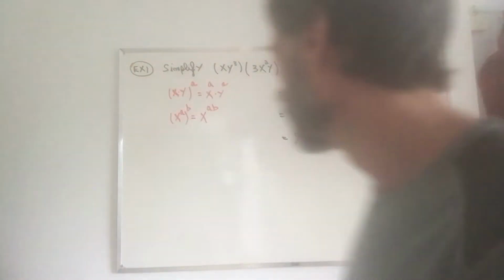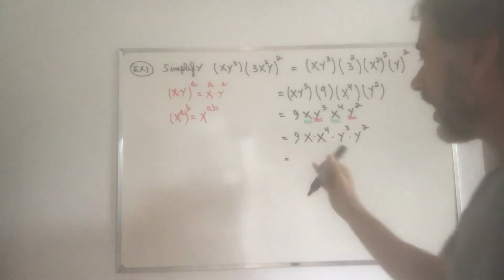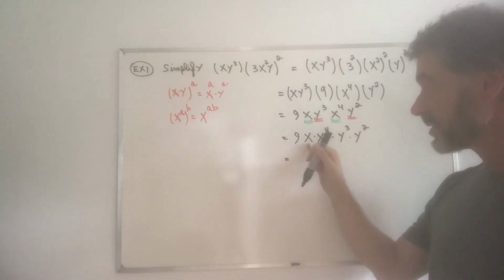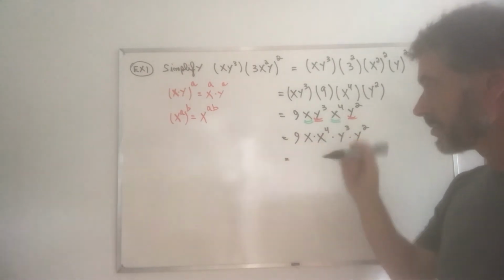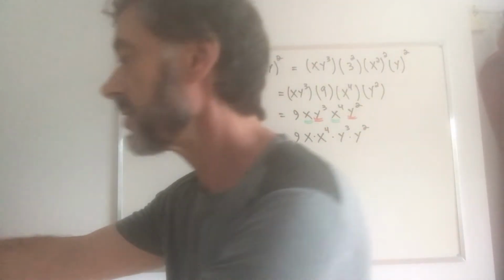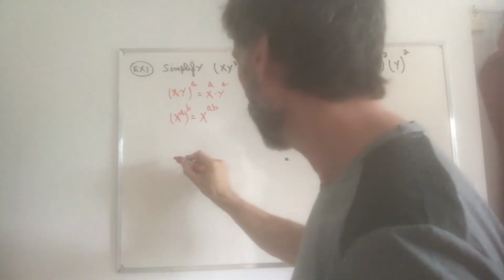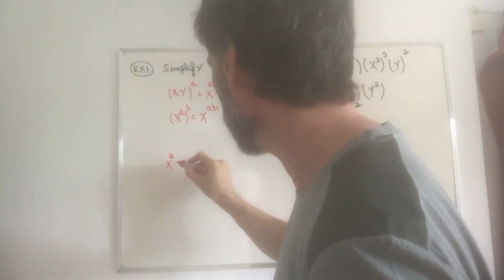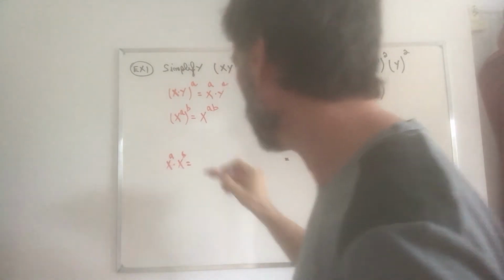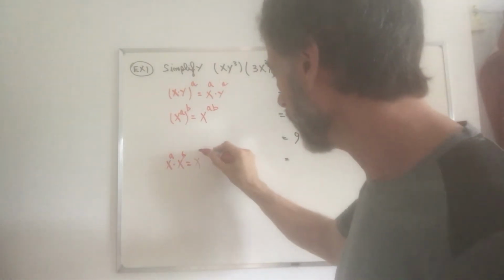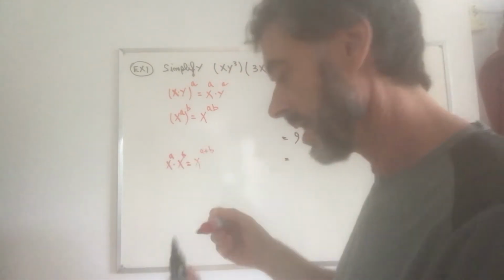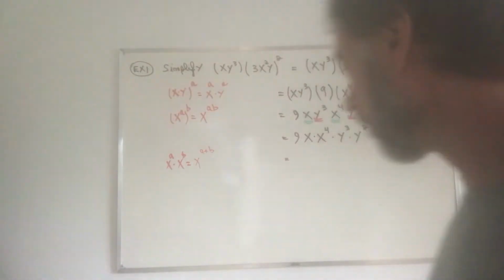All right, so now what rule do I apply? This is x to the a times x to the b. This is this rule right here. What is that rule we saw? x to the a plus b. We're going to do this not once but twice.